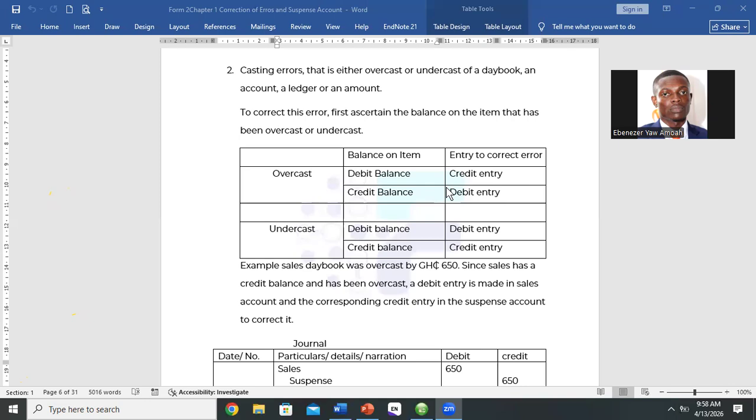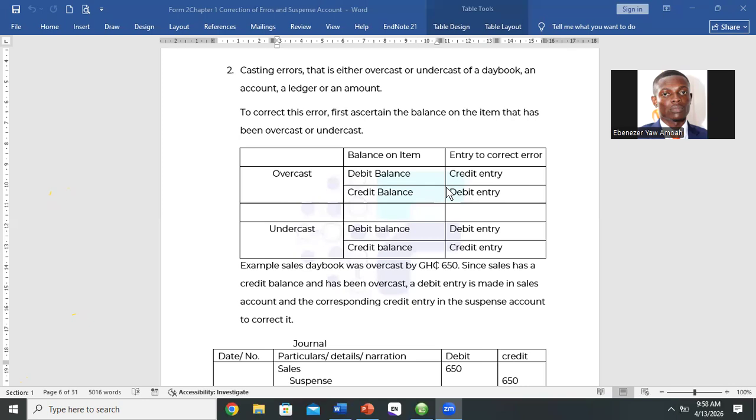Why would this error affect the agreement of the trial balance? Because this is at the point where you are balancing individual accounts. So let's say you have prepared your T account.